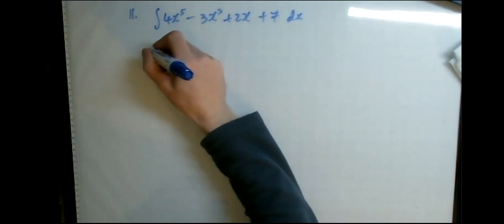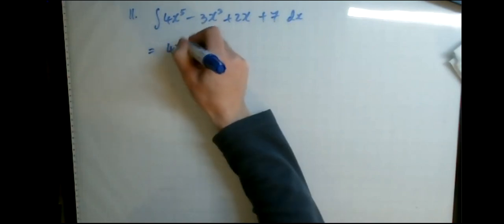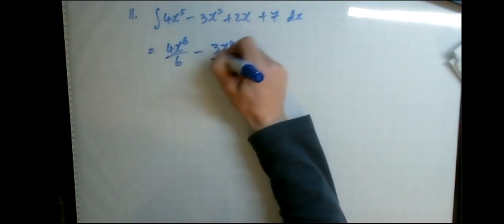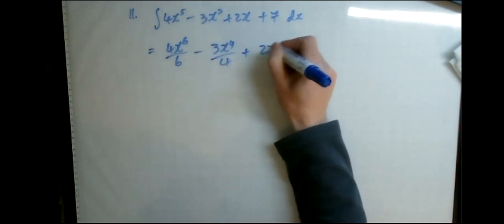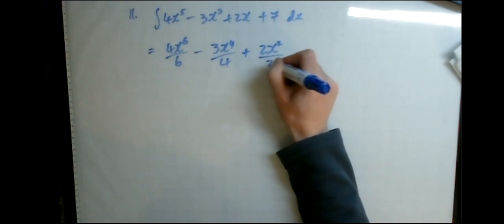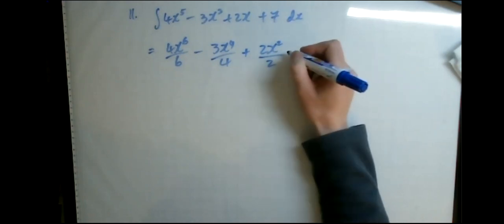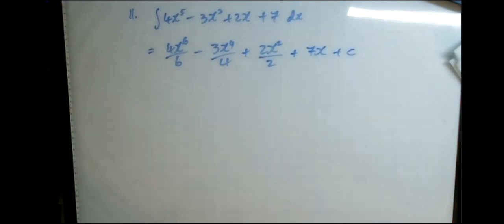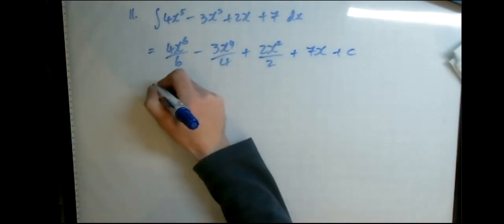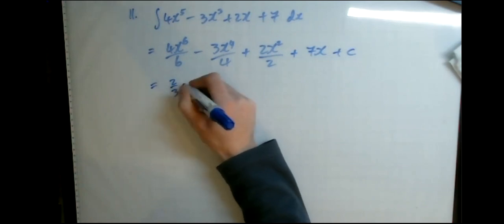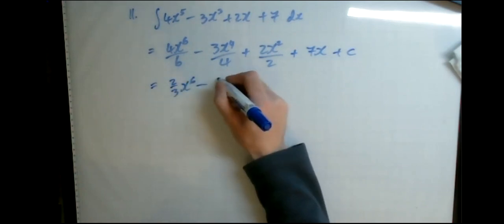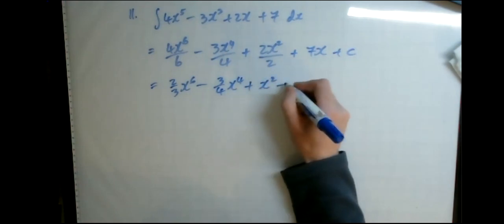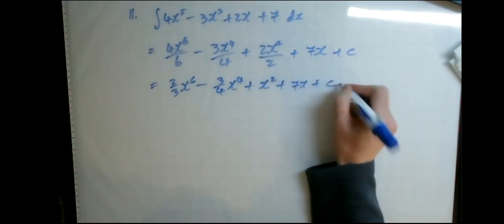So reached the formula. So x cubed over 3 minus 3x to the 4 over 4 plus 2x squared over 2 plus 5x plus c. Okay, so x cubed over 3 minus 3 x to the 4 over 4 plus x squared plus 5x plus c.